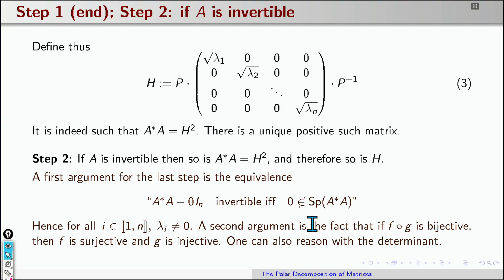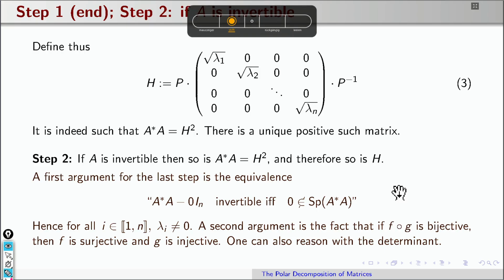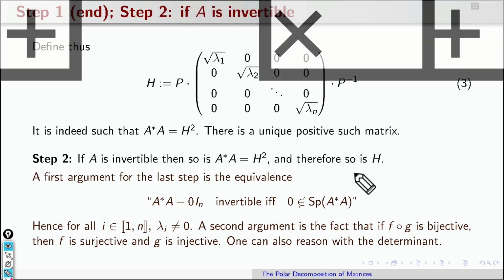Second argument is that if you have a composition of maps that is bijective, then you know that f is surjective and g is injective. For example, any element in the target space can be written as f of g of something, so it is f of something. So f is surjective. Let me write the definition of injective for g. If we have g of something equal to g of something else, here I just apply f.